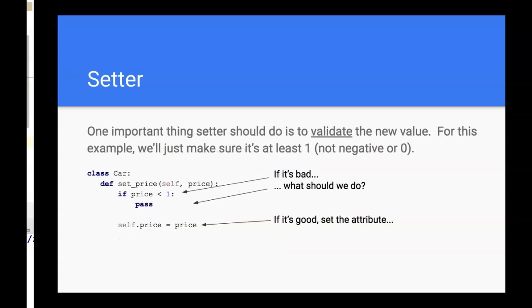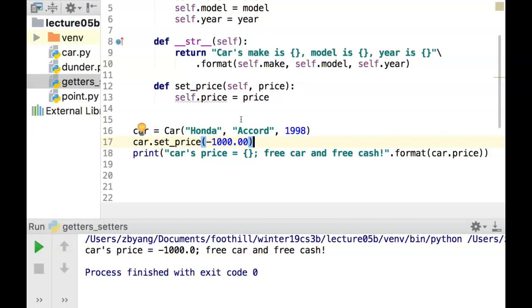Now what we just did did not prevent the price being set to a negative number. So we said that's something we probably should do, right? We should verify what a setter should do. A very common job for the setter is to validate the new value to make sure it's valid.